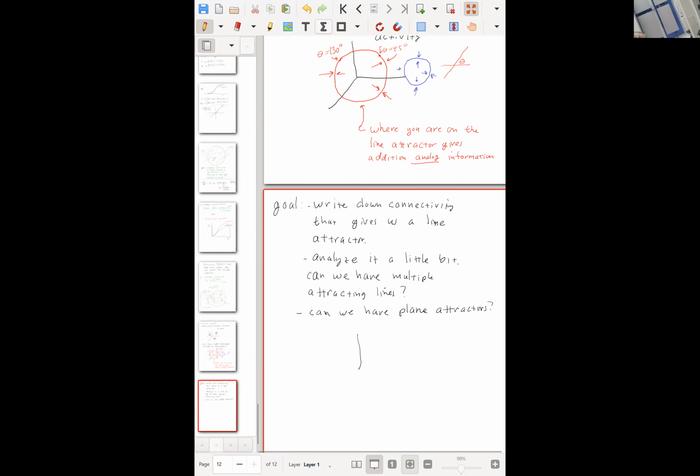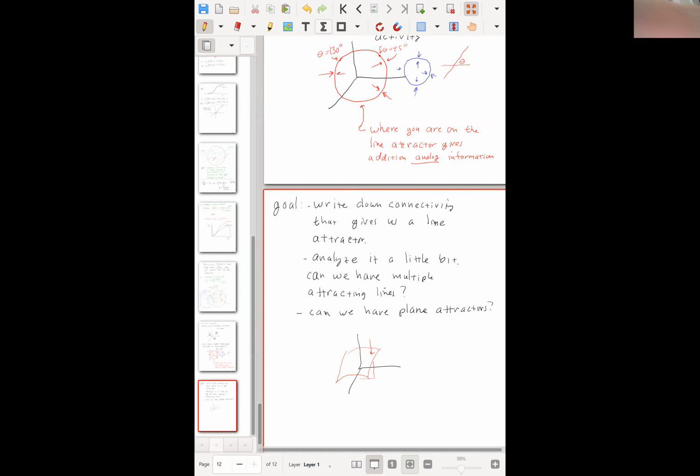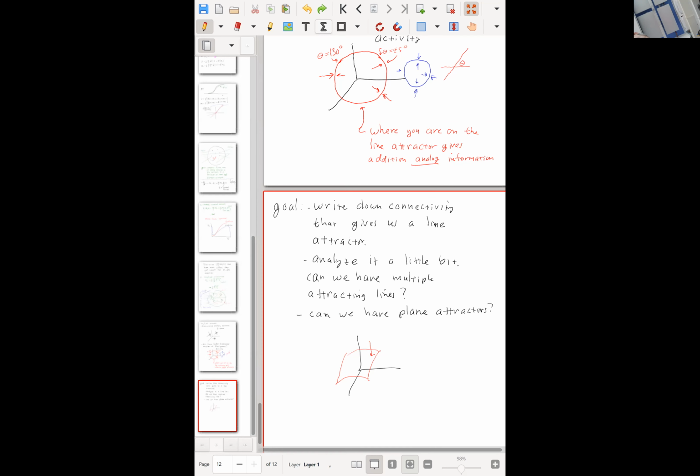And a plane attractor looks something like this. So now instead of being attracted to a line, you're attracted to some surface. Okay, so you pull down toward this, or up toward it. But once you get on this surface, you don't move.